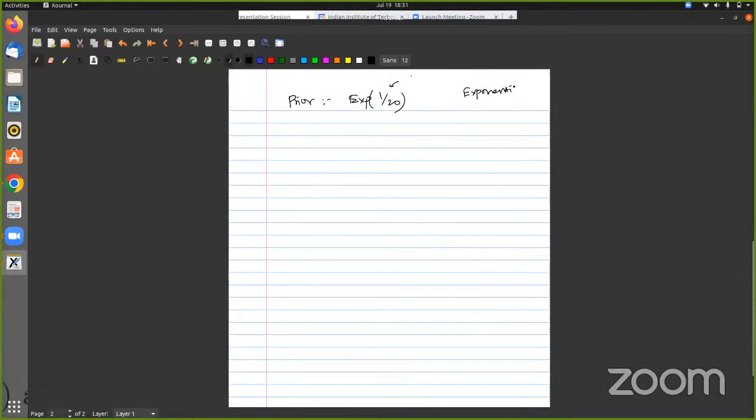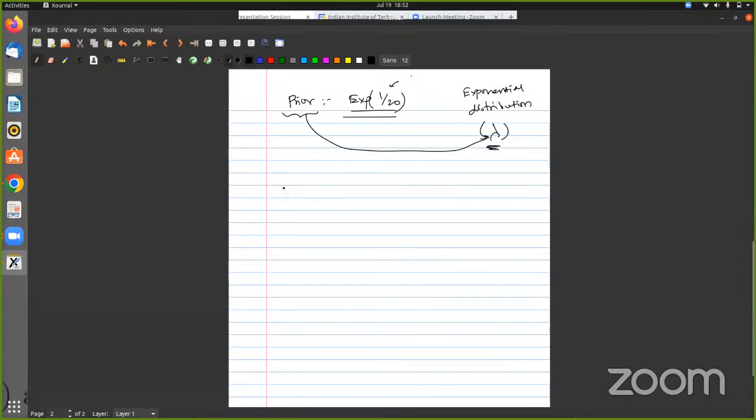The prior distribution is known to you with parameter 1 by 20, and this prior distribution is for this lambda, right?